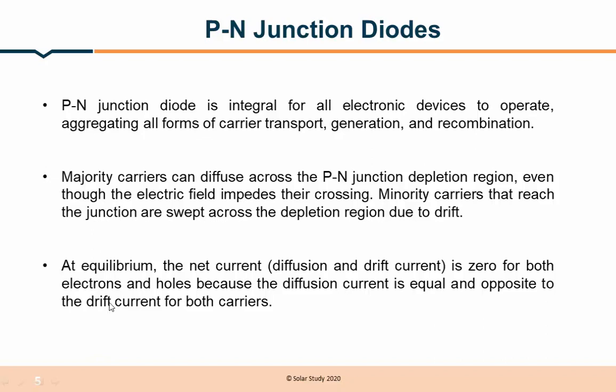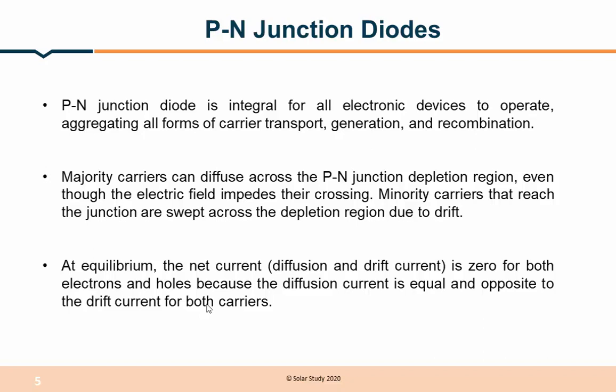So at equilibrium the net current is zero for both electrons and holes. The diffusion current is equal and opposite to the drift current for both carriers, because each carrier has some charge. When it is attracted, like positive towards negative, it starts coming closer.